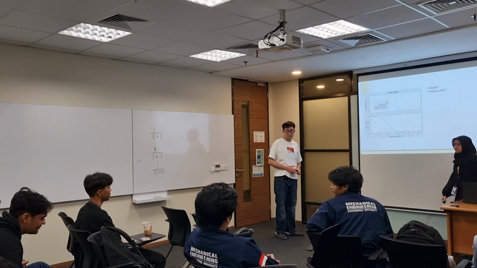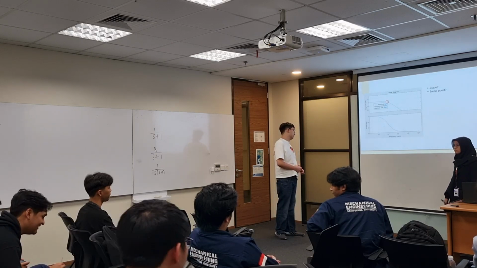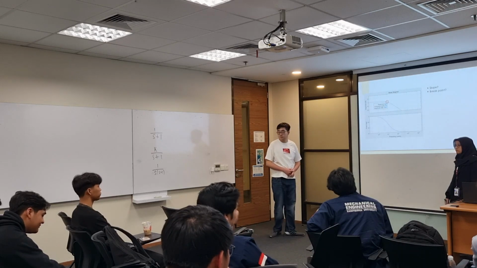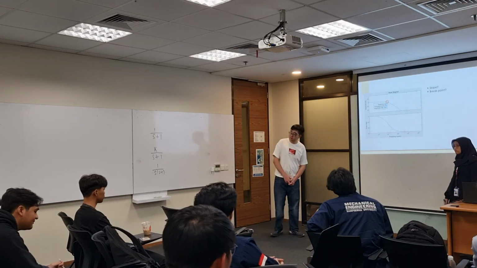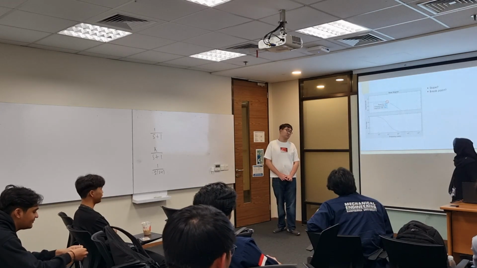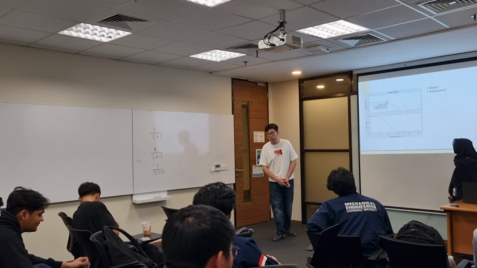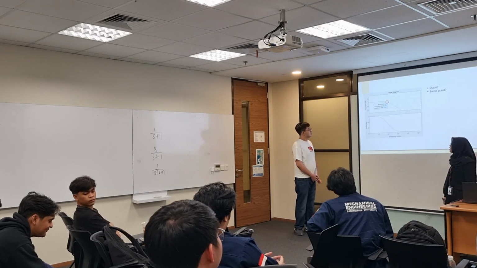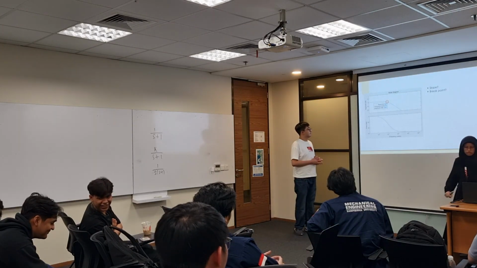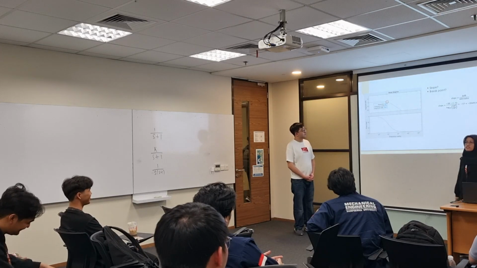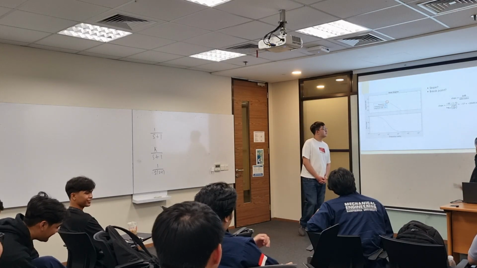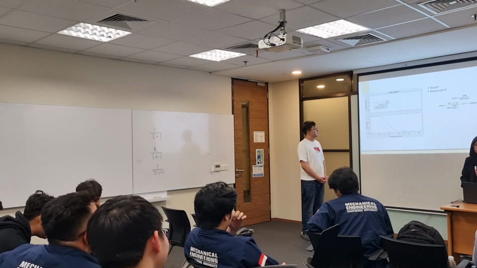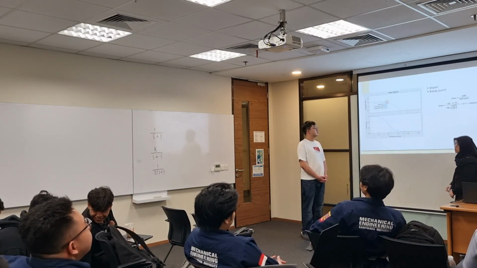If it's 90 degrees, your slope is minus 90. In this case, we try to use a formula. The slope is simply the difference in magnitude over the difference in frequency.